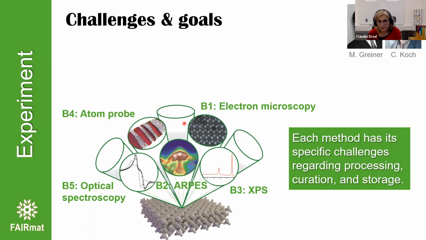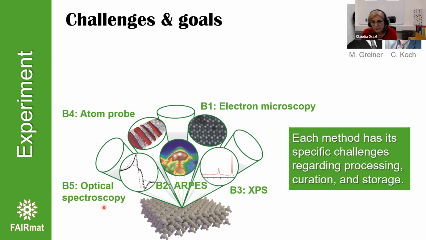And I just picked out 5 here because these are different experiments that we are starting with. So we start with electron microscopy, X-ray photoelectron spectroscopy, angle-resolved photoemission, atom probe spectroscopy, and optical spectroscopy. These are different experiments that are different in nature.